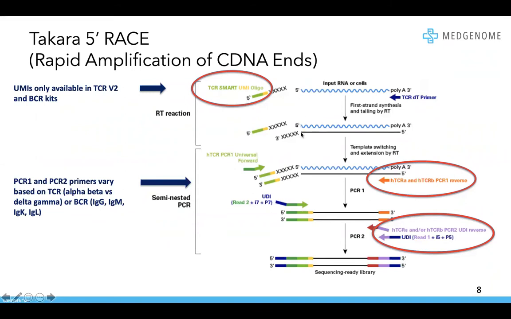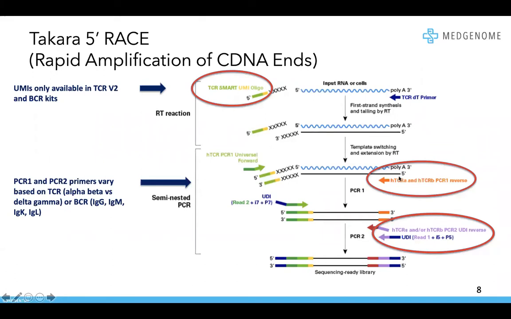And this specific reverse transcriptase in the TCR kits then adds some non-template nucleotides to the end. And these exact non-template nucleotides happen to be complementary to a template switch oligo that's also in the reaction, which results in this template switch oligo annealing and then allowing the reverse transcriptase to finish the sequence, adding this additional non-template sequence to the cDNA.